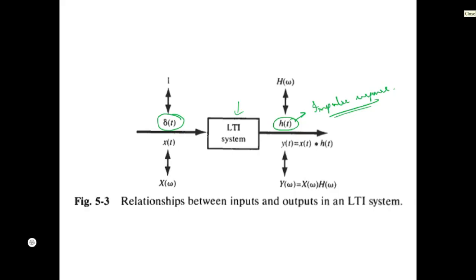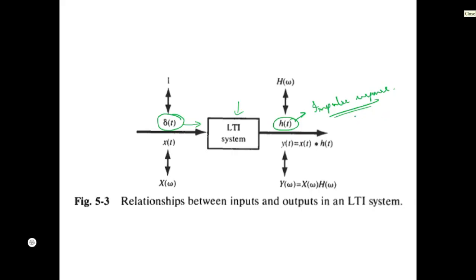What is the characteristic of the impulse signal? The characteristic is that at time 0 it gives an impulse. That means when you are giving an impulse input to the LTI system, whatever response you get is regarded as the impulse response.